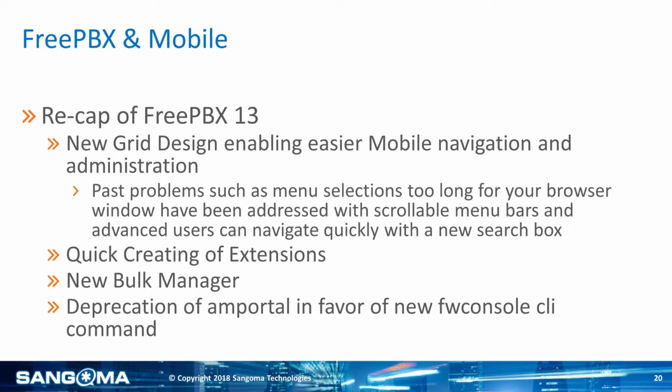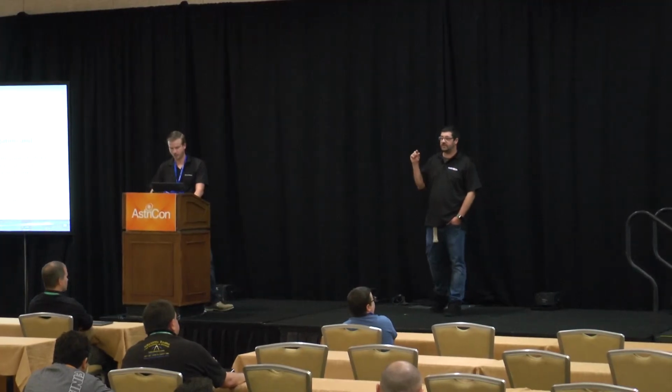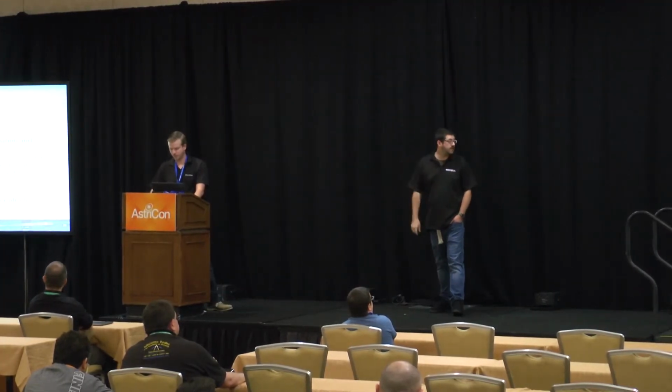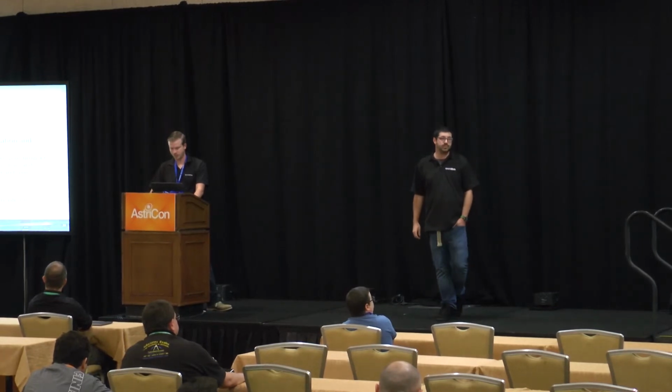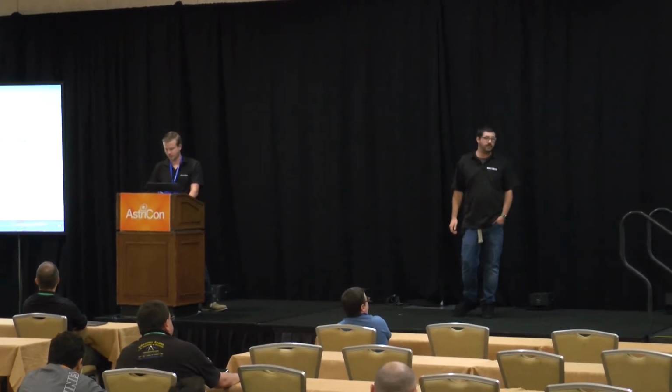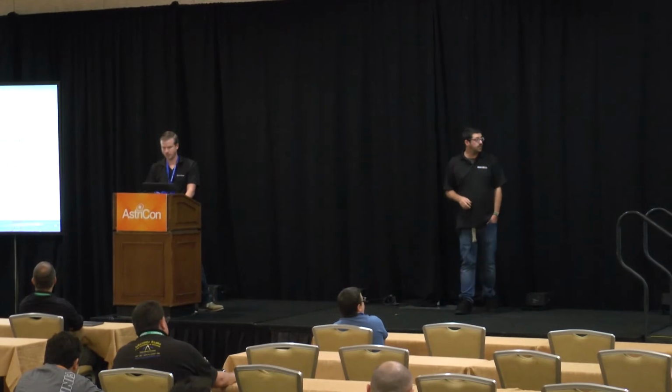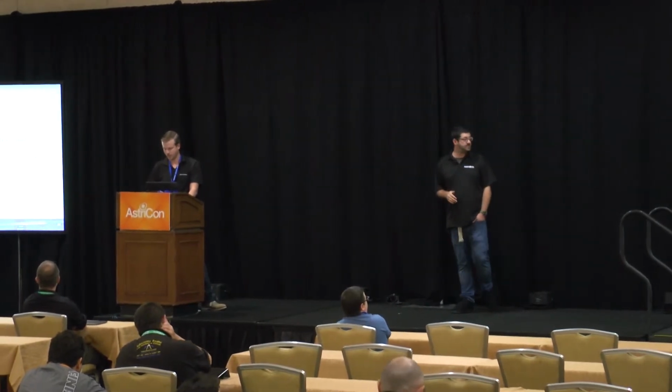So a recap of FreePBX 13, and I pulled this off of the FreePBX blog, was we did a new grid design which enabled easier mobile navigation and administration. Right? This is that top menu bar, but it would fold into a little hot dog menu. Past problems that made us make some of these design decisions was that menu selections were too long for your browser.